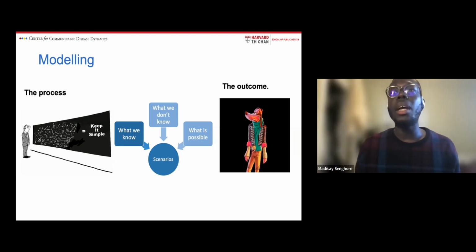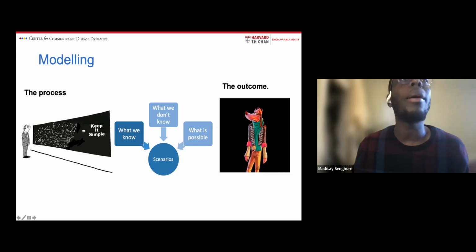Those different scenarios can help us to prepare. For example, we have a best case scenario, worst case scenario, a middle case scenario, and that can help us to prepare for what's to come. And then hopefully you end up with an outcome like this, where you have a nice model that you can put on the catwalk or in a fancy journal paper.